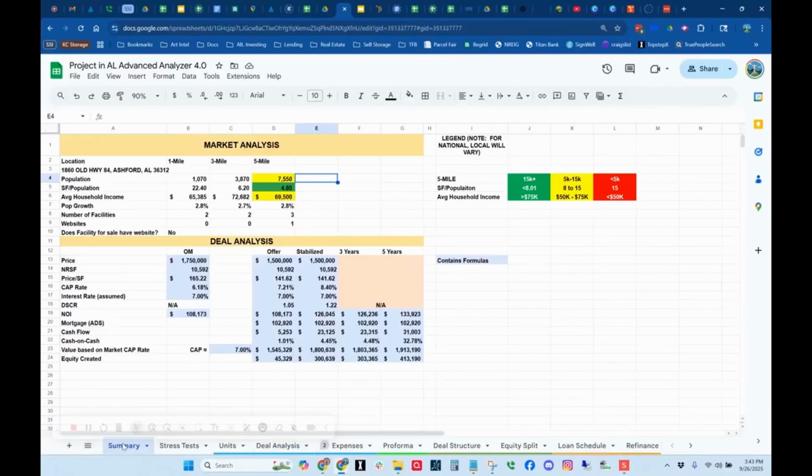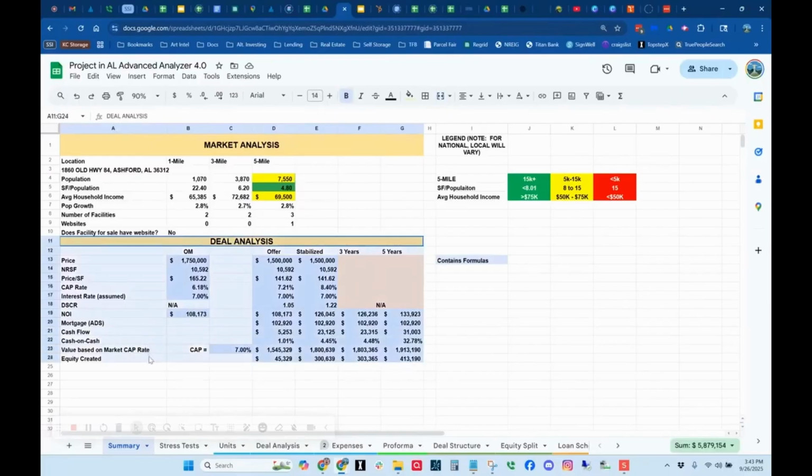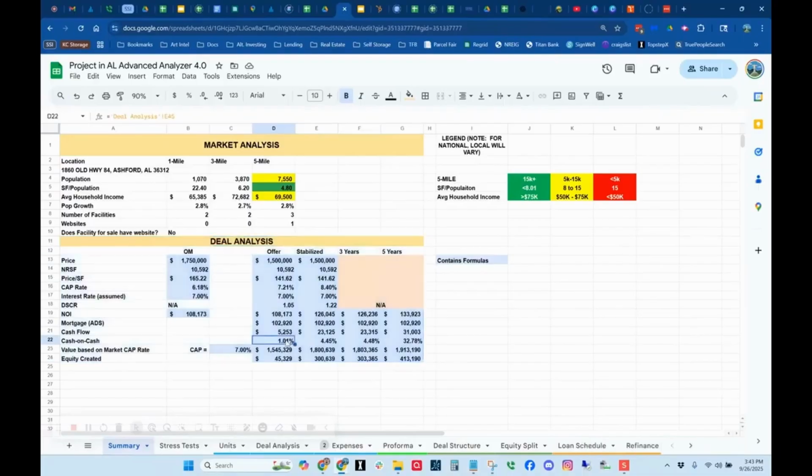And if you come back to the summary page, you can see your deal analysis here of basically what you're getting. So the offer is your offer price and the current information as the facility is run today.